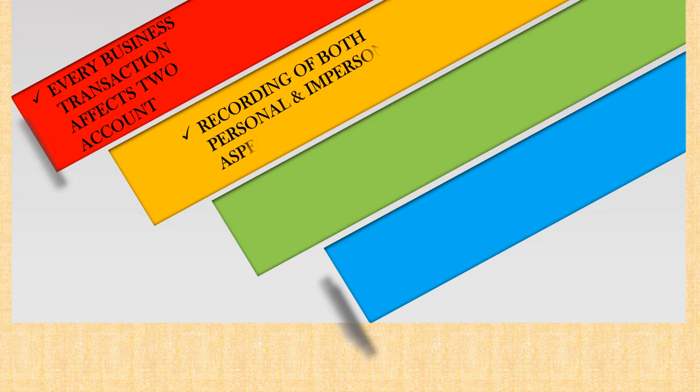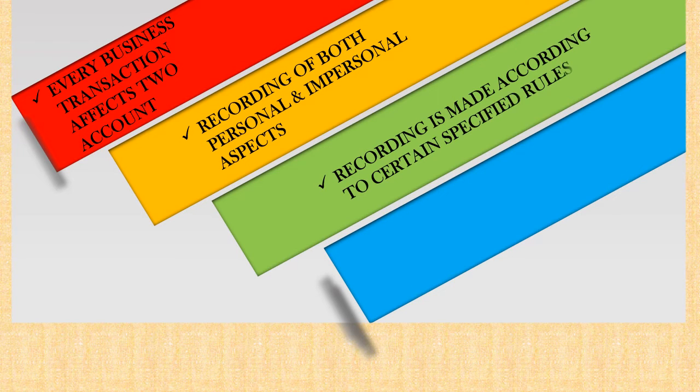Now let us look into all the principles and characteristics of the double entry system that we saw just now. The first one was that every business transaction affects at least two accounts. Second, recording of both impersonal and personal aspects. This we are going to learn very soon. Recording is made according to certain specified rules.